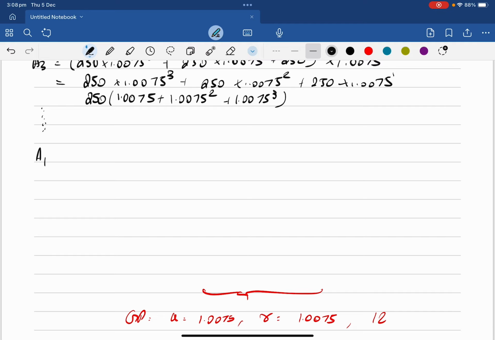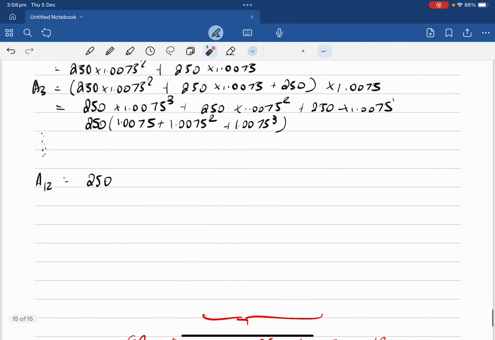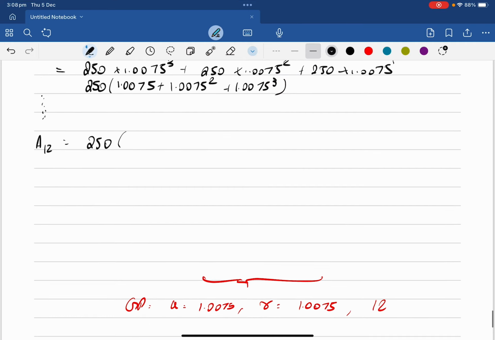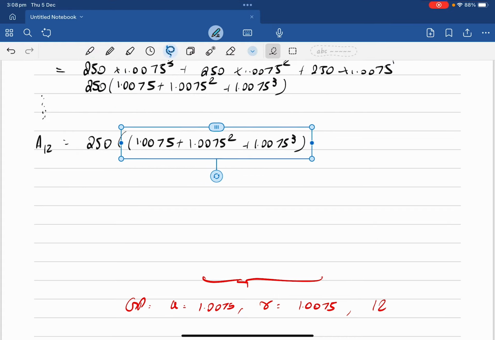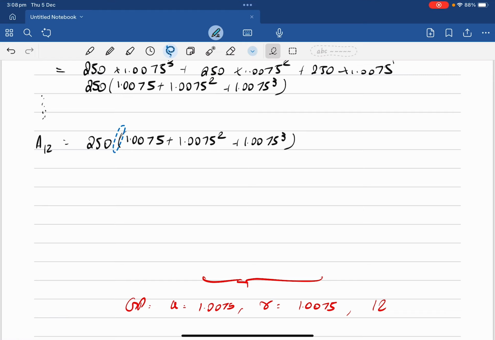A12 is equal to 250. We realize that the number here, A3, corresponds with the highest power here, so we can continue that trend. So copy this, and then dot dot 1.0075 to the 12.